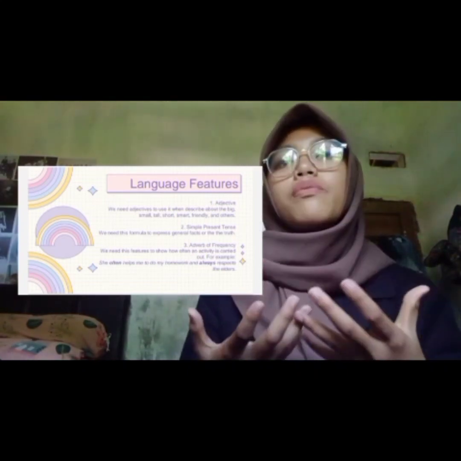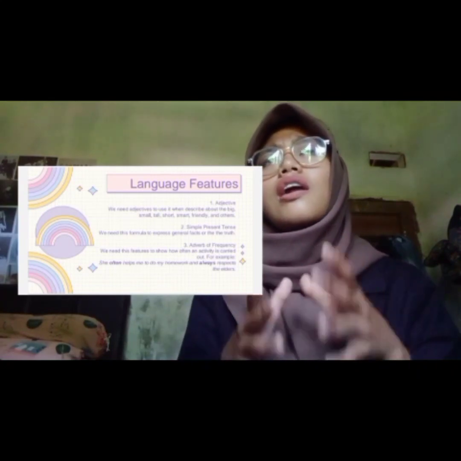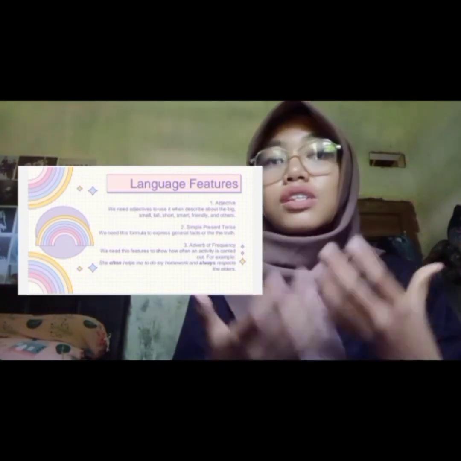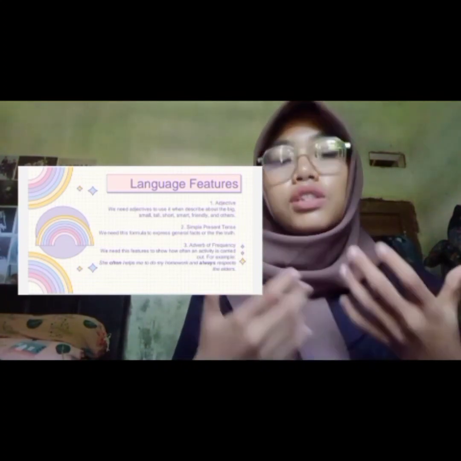We need adjectives when we describe something, like big or small, tall, short, smart, friendly, and the others. The second one is simple present tense. We need this formula to express general facts about the thing we need to describe, or the truth of it.